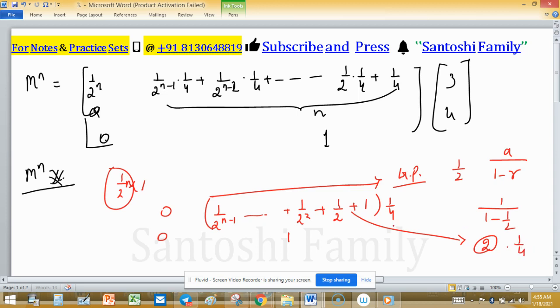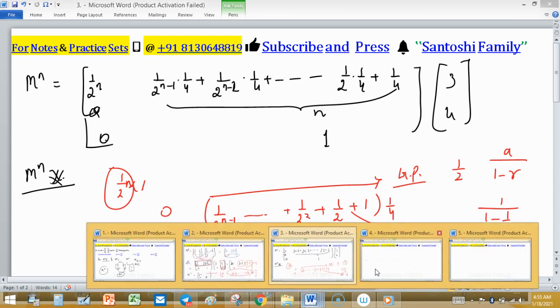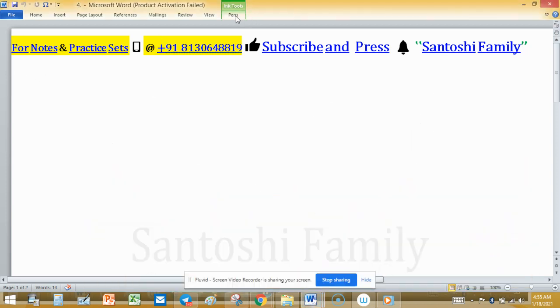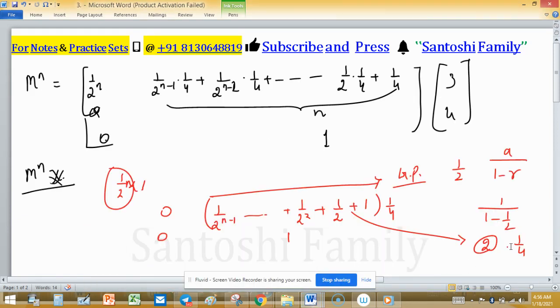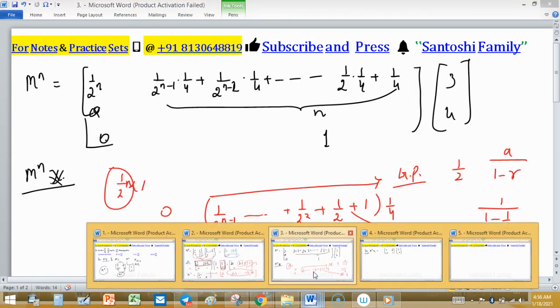2 I obtained from this bracket and need to take the product with 1 upon 4. So 1 upon 2. So my matrix, limit n tends to infinity of M raised to the power n x, I already applied the limit here, so I obtain 2 here, 1 0 0, and my column vector is 3 4. I obtain 1 upon 2, sorry, it will be 1 upon 2.